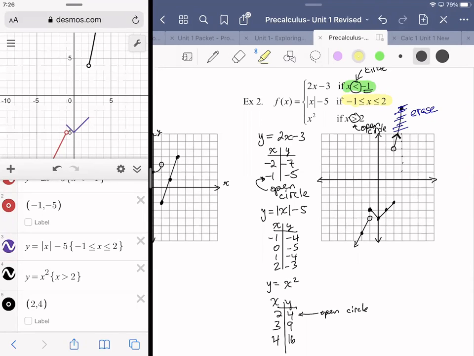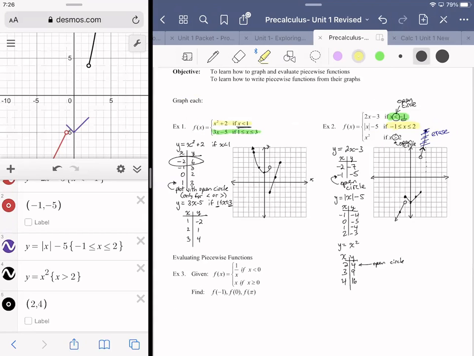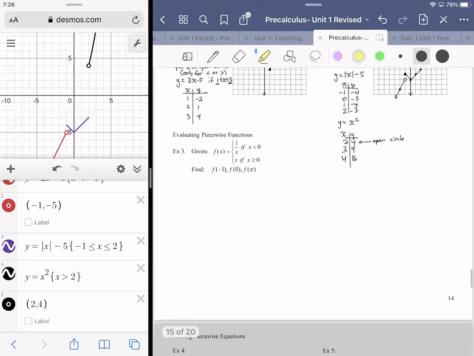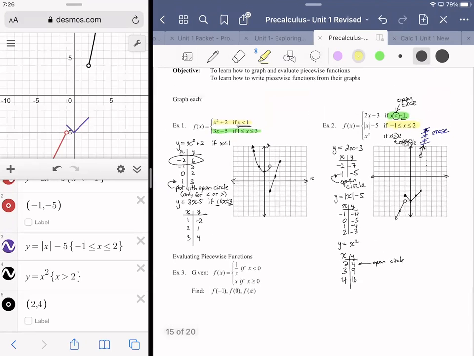All right. So if you want to do it on Desmos, or if you want to do it literally by hand, that's fine too. But we will need to be able to construct graphs, right, in pieces. So that's pretty much that, because the next question is asking you to evaluate the piecewise function.